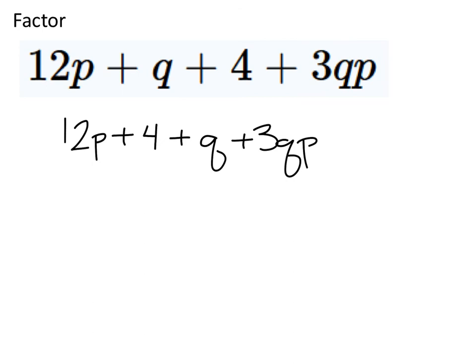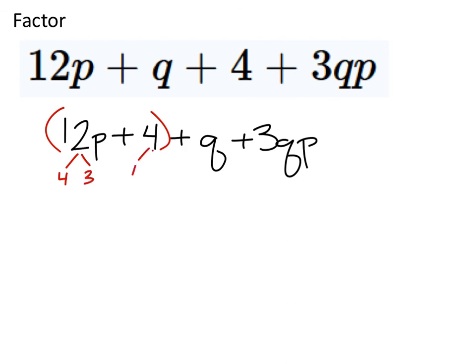Some of you may have grouped it with the 3qp, which would still work, because 3 and 12 go together as well. It didn't matter which one we chose, we should still end up with the same answer. But let's start grouping these now. So 12 and 4. Again, instead of doing this with complete prime factorization, I'm just going to try to find any common factors, like 4 and 3.